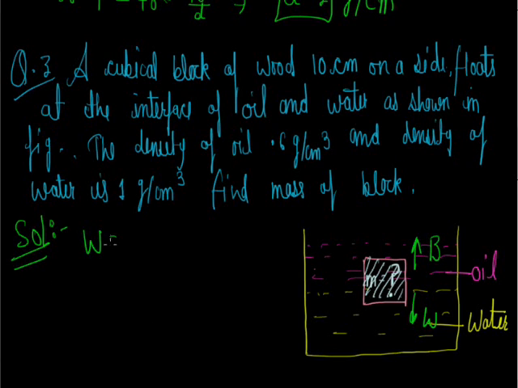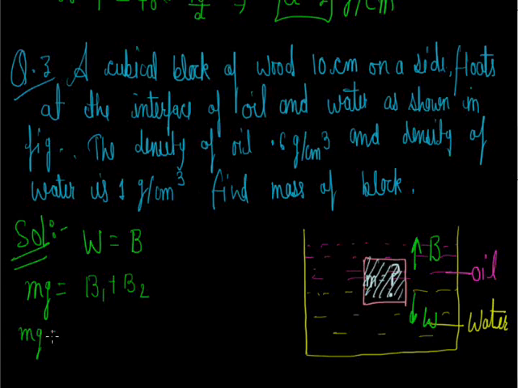So we can write weight equals buoyant force. Now weight can be written as m g, while buoyant force can be written as V d g. Since it is a cubical block and its side is 10 centimeter, its volume will be 10 into 10 into 10, the side cubed. So the buoyant force here will be the sum of the buoyant force applied by water plus the buoyant force applied by oil.